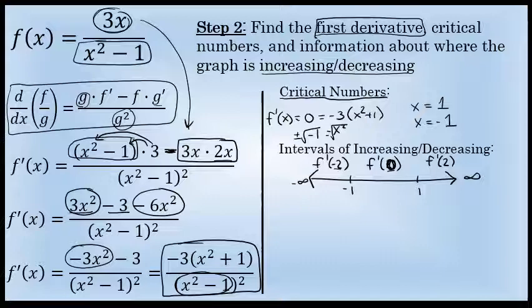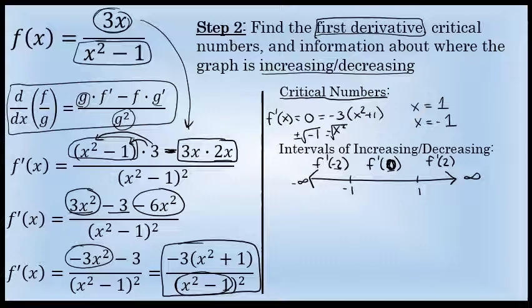Substituting this into the first derivative, it's not important what the actual value is, only if it's positive or negative. Because substituting a value in the interval between -infinity and -1, like -2, into the first derivative, if you get a positive number, that indicates that the function is increasing over the entire interval.